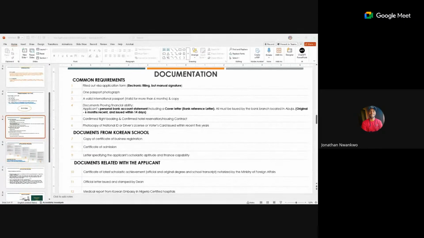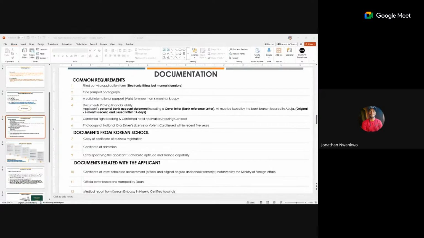So you need this document also, and then you need an official letter that is issued by your school's dean, stamped and issued from your school. It's not an electronic stamp. It has to be an original stamp, because these are the little mistakes that we make, and it will cost you a lot.